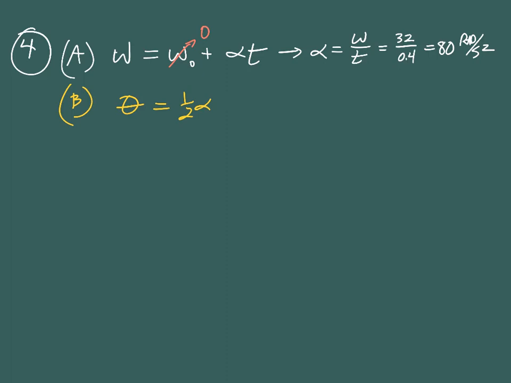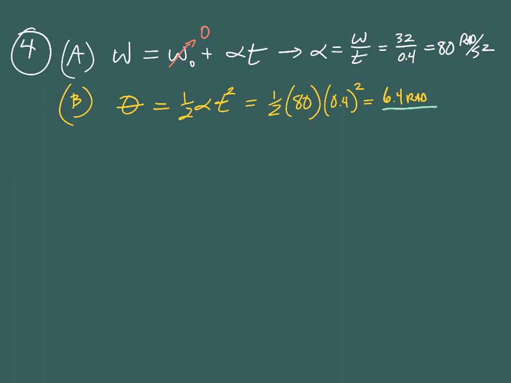So I can just write 1/2 alpha t squared, sort of like our height equation for dropping from rest, except this is a little different. So we get 1/2 of 80, that was the acceleration, and the time squared, 0.4, and that gives you 6.4 rads.